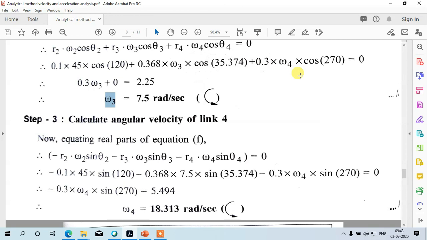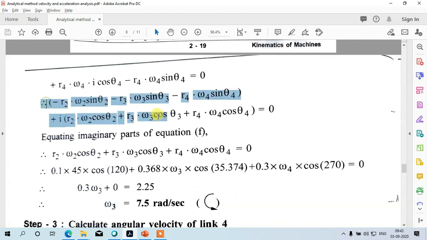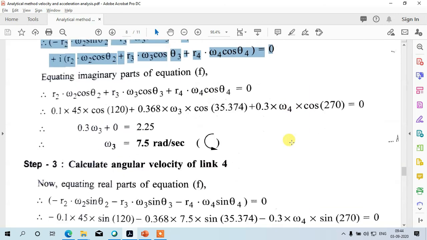Substitute that in the vector loop equation, then substitute e raised to I theta equal to cos theta plus I sin theta, separate the real and imaginary parts, and equate them on opposite sides, so you will find the unknown quantities. And if you differentiate the vector loop equation with respect to time, you will get the equation for velocity. So this equation over here is the velocity equation of this mechanism. By comparing real and imaginary parts on opposite sides, we find the unknown quantities.